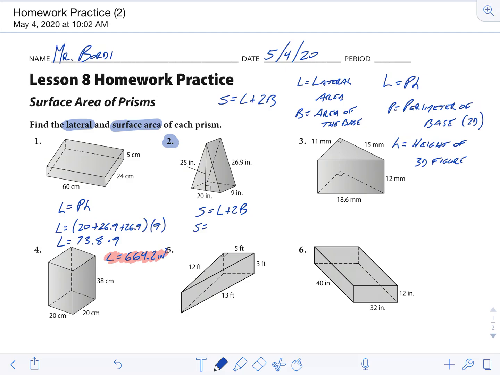I know my L, my lateral area, I just found out was 664.2. Now I'm going to add that to 2 times the base. So now S equals 664.2 plus 2. Now my base is a triangle. The area of a triangle is 1/2 BH.